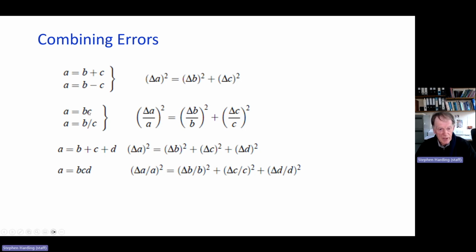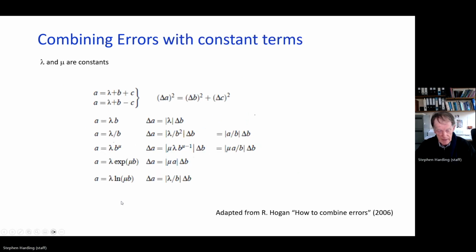There are other cases here where the quantities are multiplied or divided. There we're dealing with relative errors. And then there were cases here where we're dealing with more than 2 parameters, or combinations of parameters. And when we've got constant terms such as lambda and mu here, then the formulae are generally different.